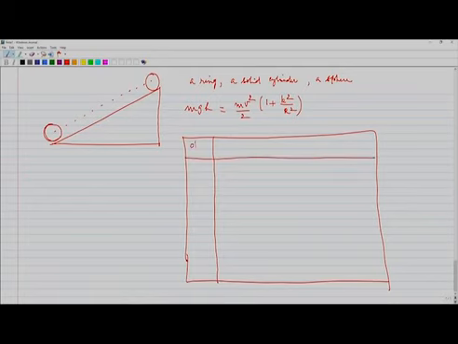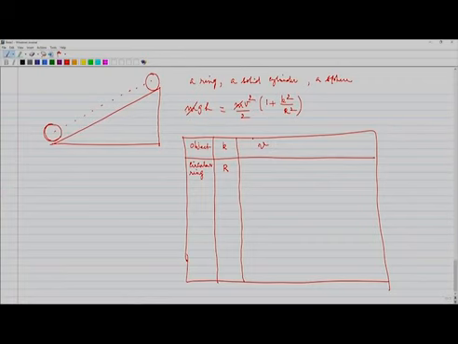This object. First I will have a circular ring. What is its k value? Radius of gyration. For a circular ring, k is r. So I will put this expression here and calculate what is v.